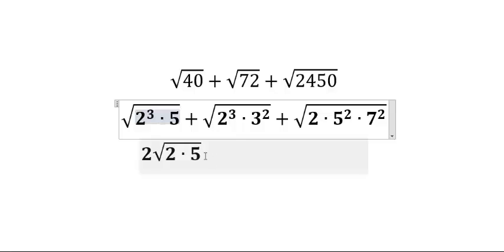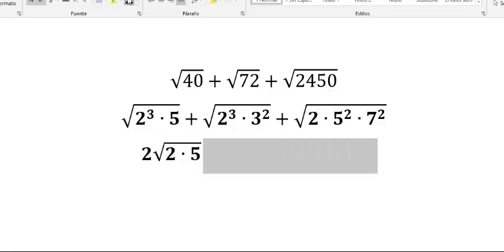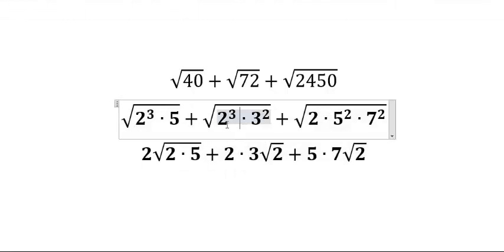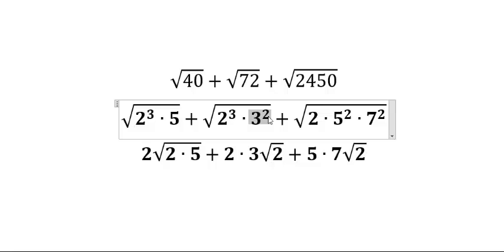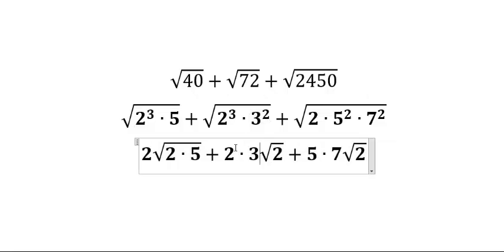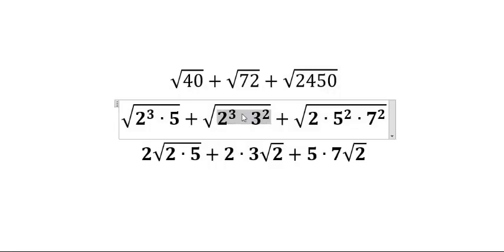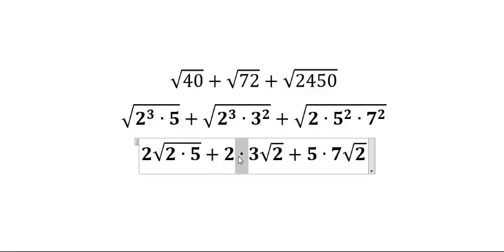So I'm going to repeat that same process with each one of them. And you can see how it will look. Because the 2 is raised to 3, I'm going to have a 2 outside and a 2 inside. Because the 3 is raised to 2, the 3 is going to come outside. And because more than one number comes outside, I'm going to put them with this dot that means multiplication.